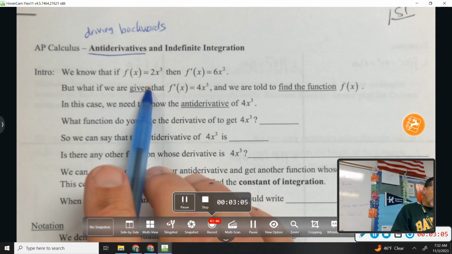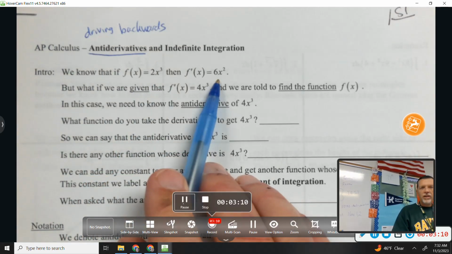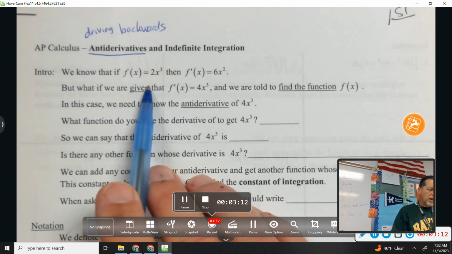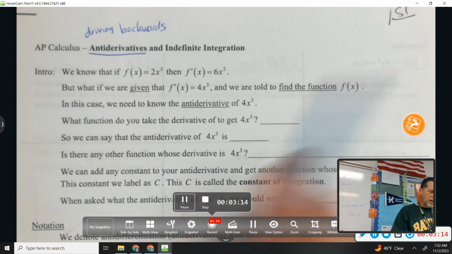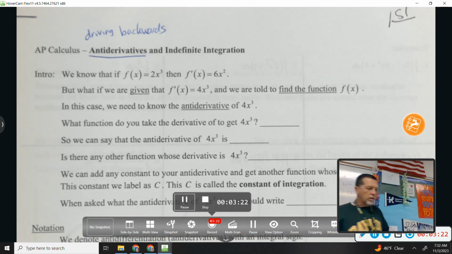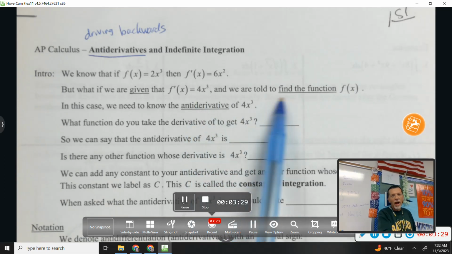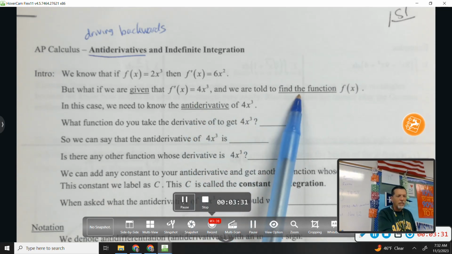All right, we know that if f of x is 2x cubed, then the derivative is 6x squared. Right? Bring the power down, decrease the power by 1. Got it. But what if we're trying to go the other way? What if we know that the derivative is 4x cubed, so we know the answer, we want to go backwards to figure out the function?